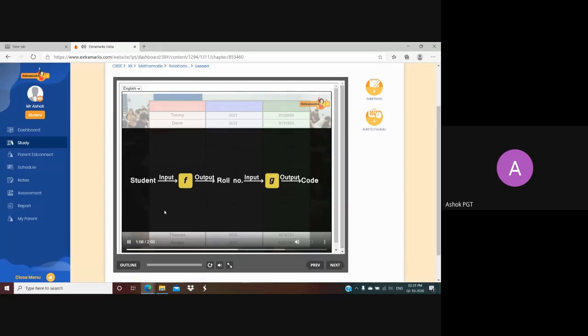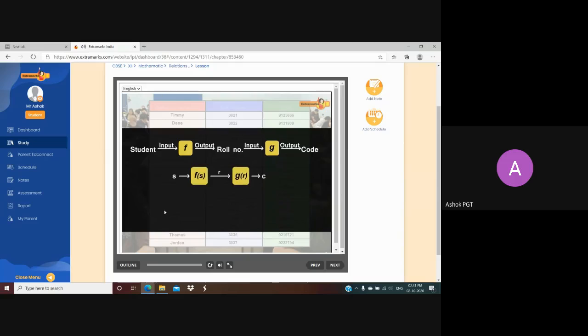In this process, each student is assigned a roll number by the function f. Each roll number is assigned a code number by the function g. Thus, by the combination of these two functions, each student is eventually attached a code number.